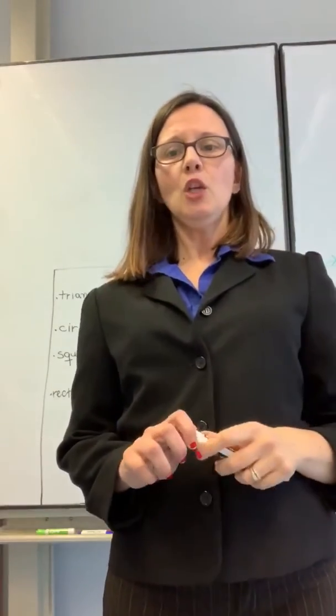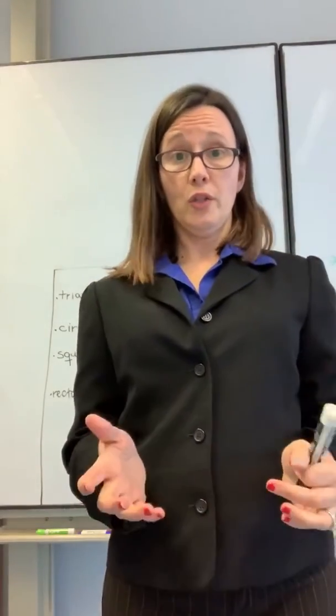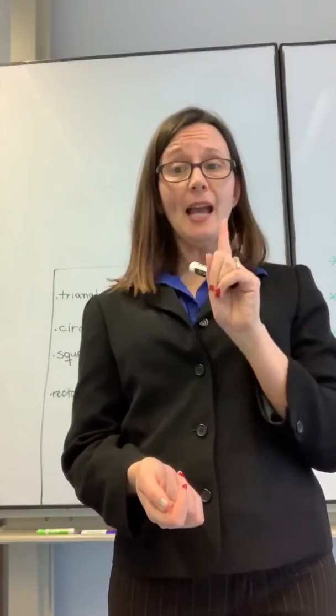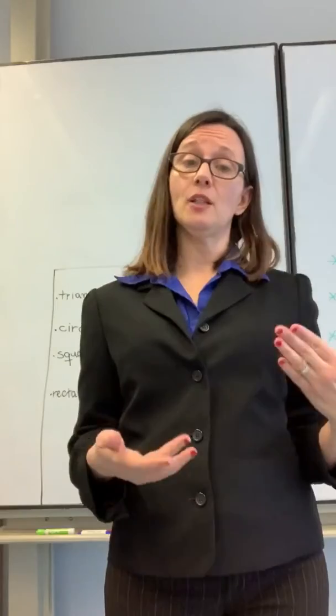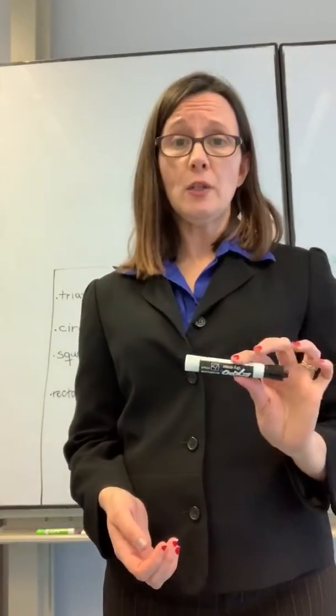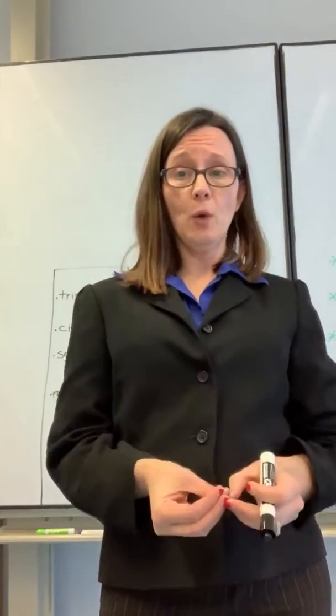And then you would tell the students that the defining attributes for these are the number of sides and the fact they're closed. So you would explain to them that closed shapes do not have an opening.